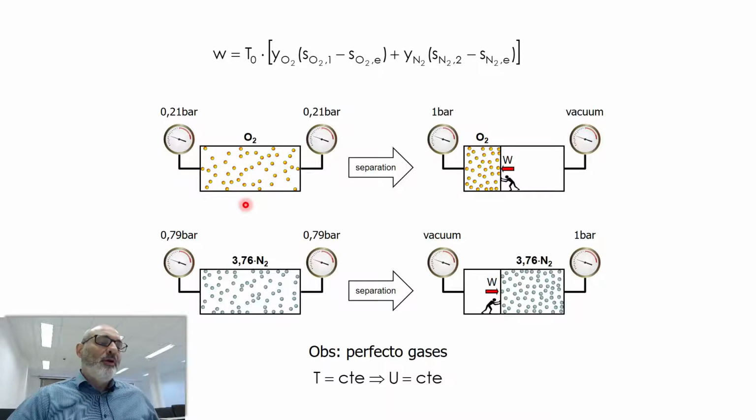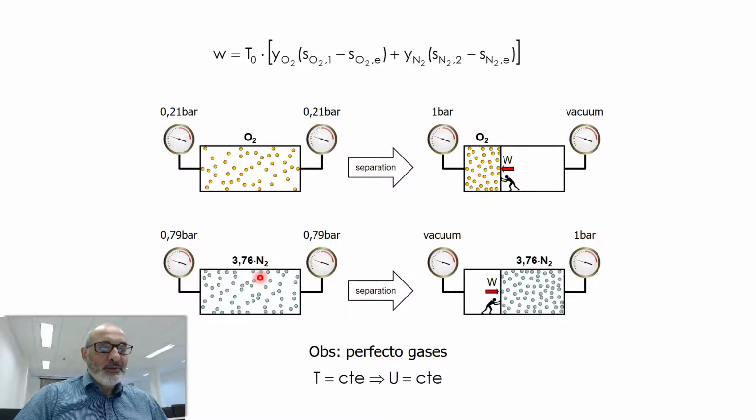So for oxygen, you can imagine a piston here being pushed by someone or something exerting a force. Force times displacement, because I have to put all the golden molecules, golden dots, on the left side, so I have to push them to the left side, and this force times the corresponding displacement is the separation work associated with the separation of O2.